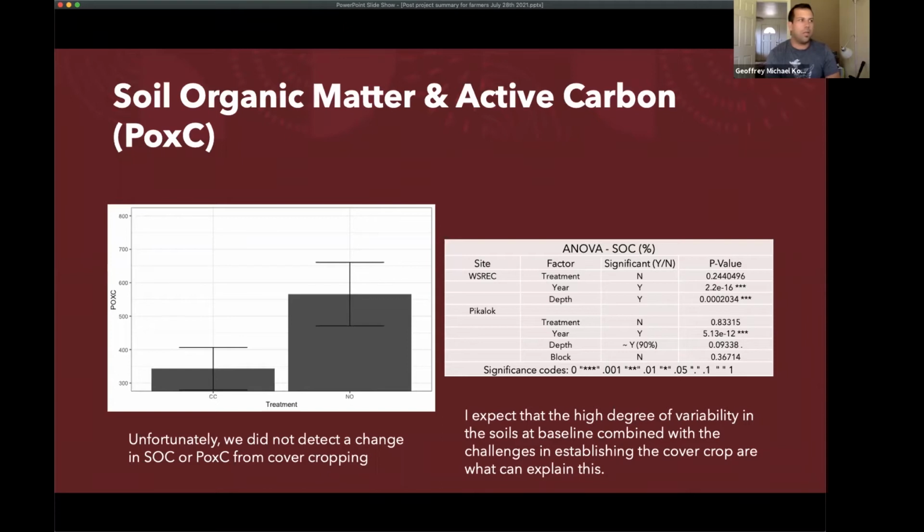So there was a change between different years, and I'll talk a little bit more about that in a second. We also see a little bit of a depth effect, so higher concentration at the surface than below, which is to be expected. Blocks, which is A, B, C, or I think 103, 104, 105 fields, were not significantly different with respect to soil carbon.